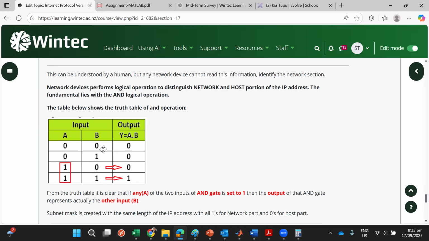And if the B input is set to 1, then the output will be 1. So that means if I have a two-input AND gate and I keep one of the inputs at 1, the output depends on the other input. If I have 0 in the other input, the output is 0.